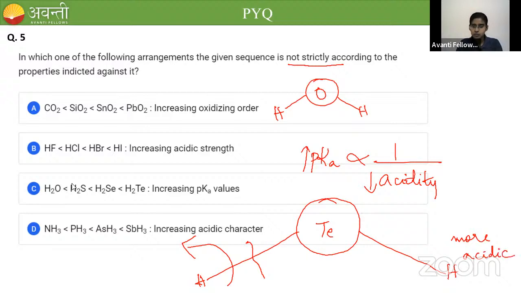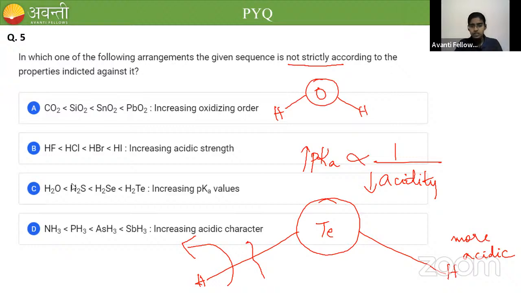So if the acidity is more, then the pKa value should be very less for tellurium hydride, right? But you see, the pKa value is more for tellurium hydride. It is given that tellurium hydride has the highest pKa value, which indicates that it is least acidic. That is actually incorrect.